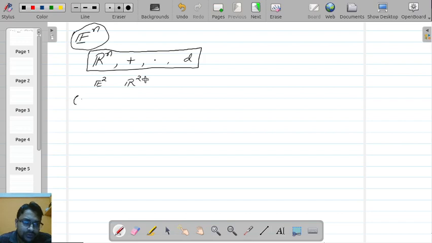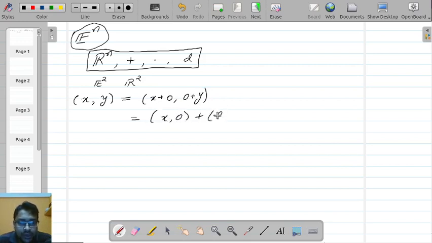If I have some ordered pair (x, y) in R2, can I use the vector addition properties to write it as (x, 0) plus (0, y)? Is it working fine? It is in agreement with whatever we have defined as vector addition, right?